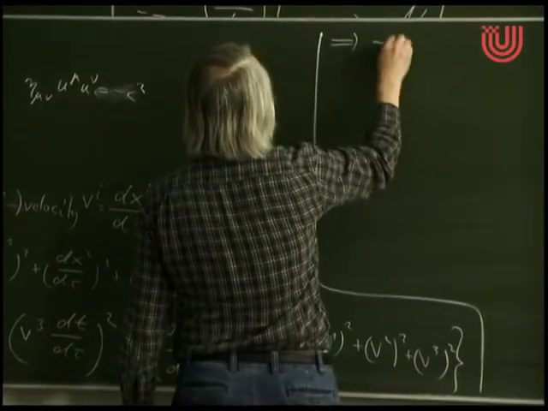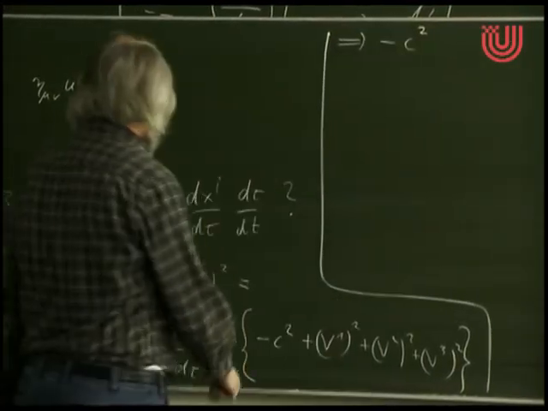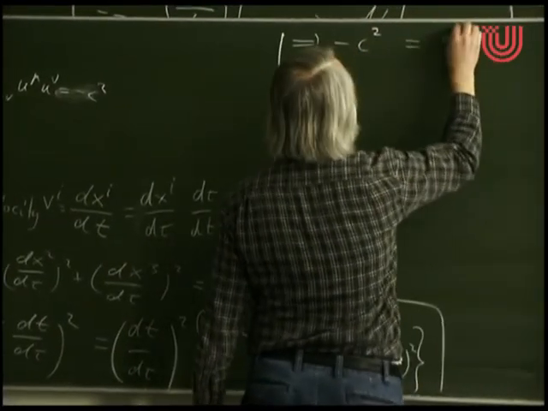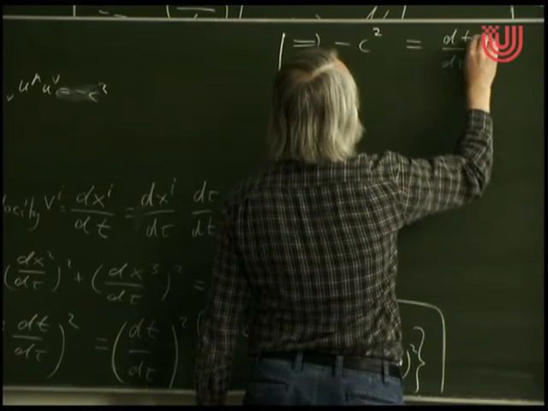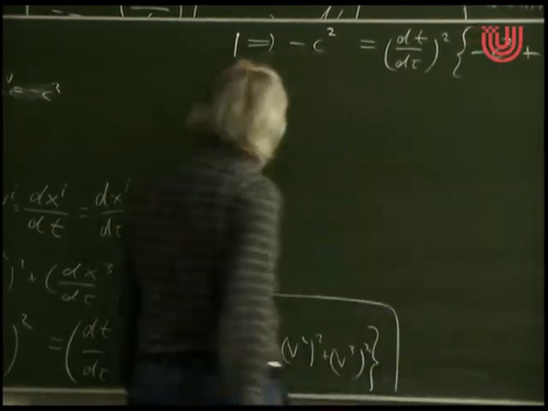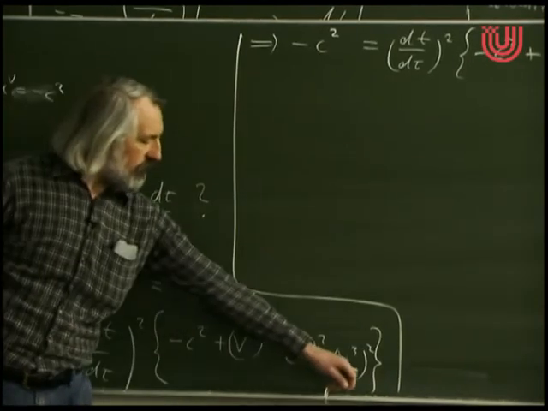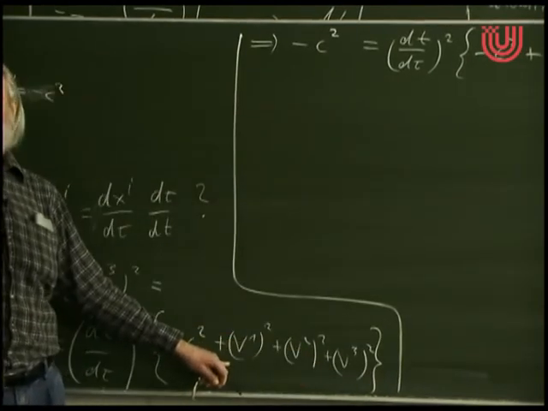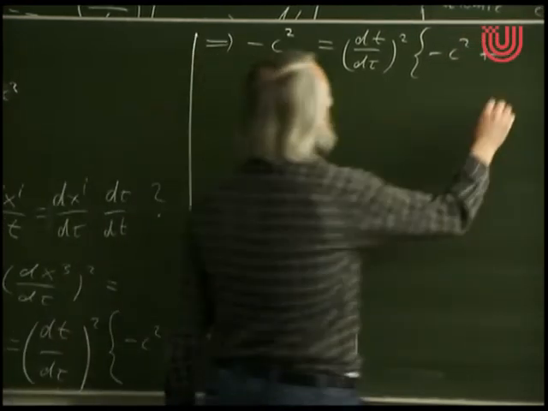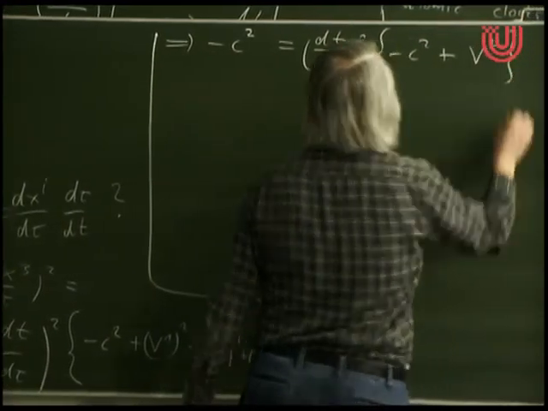So I get minus c squared, which I had on the other side. And here I have dt by d tau, minus c squared. Well, and for this, I write just v squared. Yeah? It's the magnitude of the velocity squared. So I write just v squared for this here.